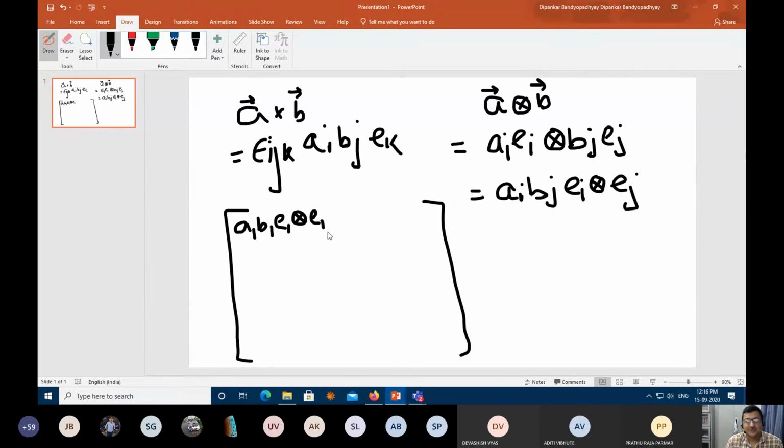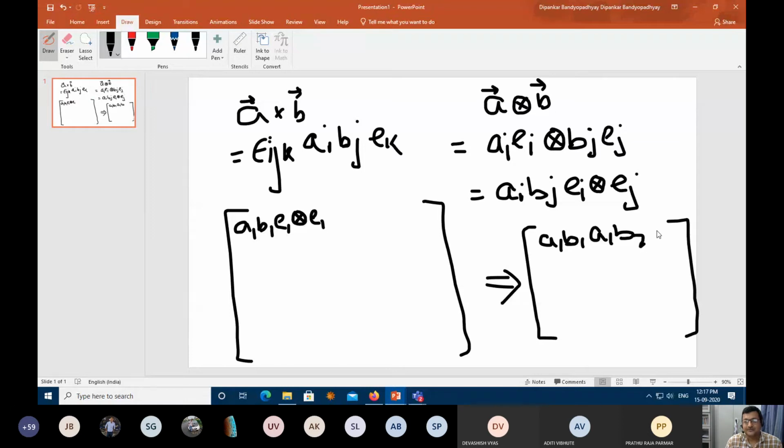In a three-dimensional space, carrying all these e1s and e2s would be very difficult. So what you do is go for A1 B1, row by column: A1 B2, then A1 B3. Likewise A2 B1, then this, this. So you total have 9 components here.